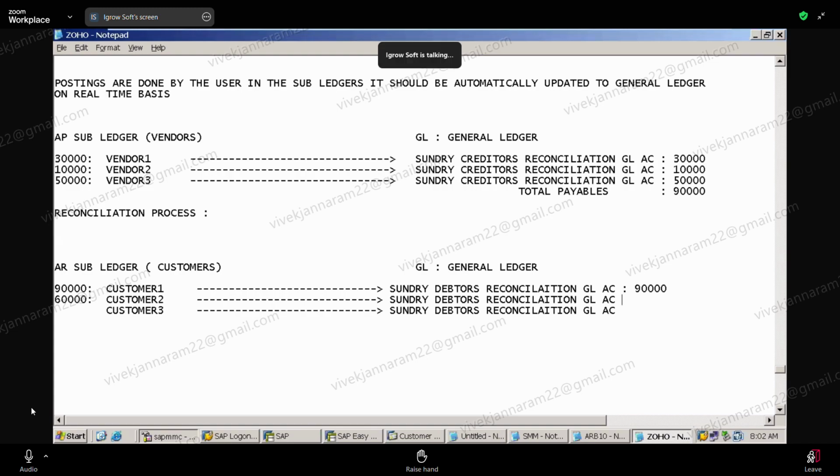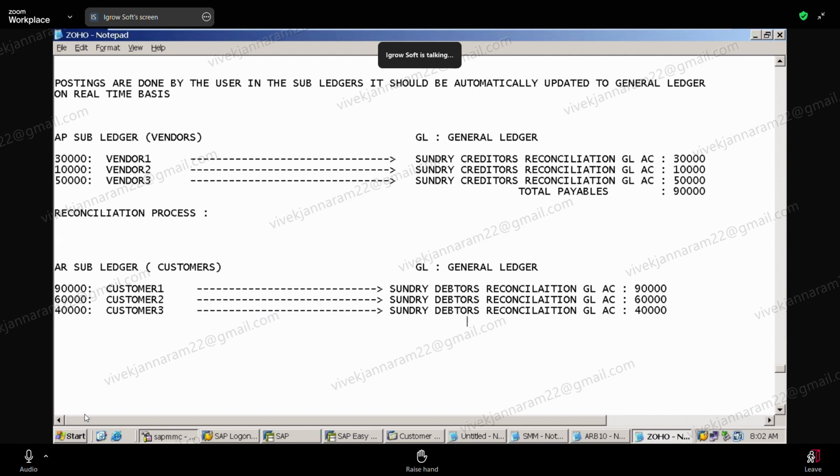It is updating both. So the user will be posting in the subledger, and the system will update both places. Suppose he is selling another 40,000 to customer three. Here also 40,000 will come.